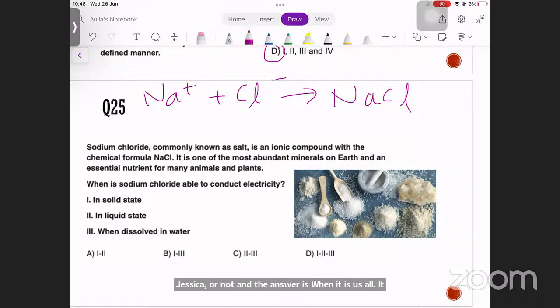Let's imagine, everyone, you use table salt and store it in a solid form, and then at one time, without realizing, it is activated by electricity and suddenly you get electrocuted.